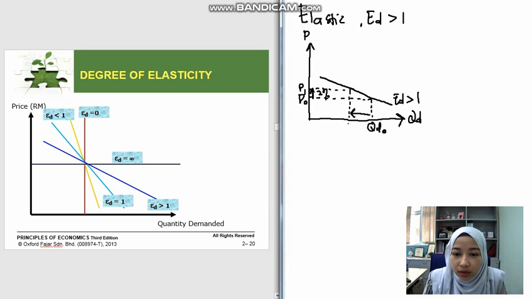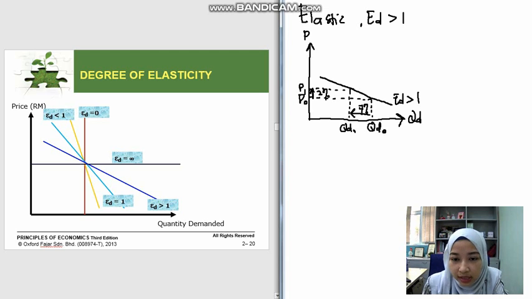It will be a huge change, for example about 7%. So the change in quantity demanded is more than the change in the price, meaning a very small change in price can cause a huge reduction in the demand.